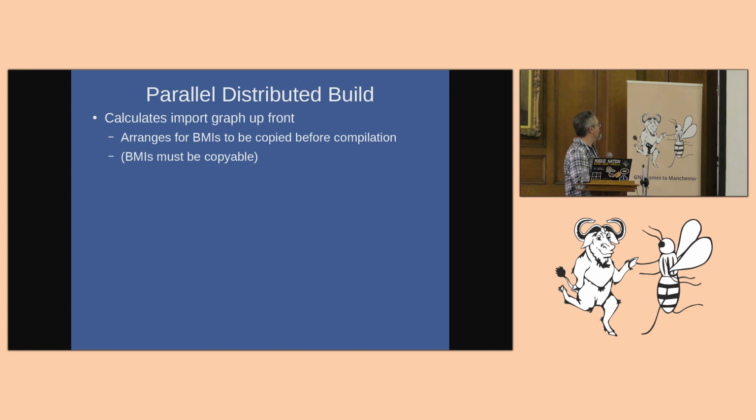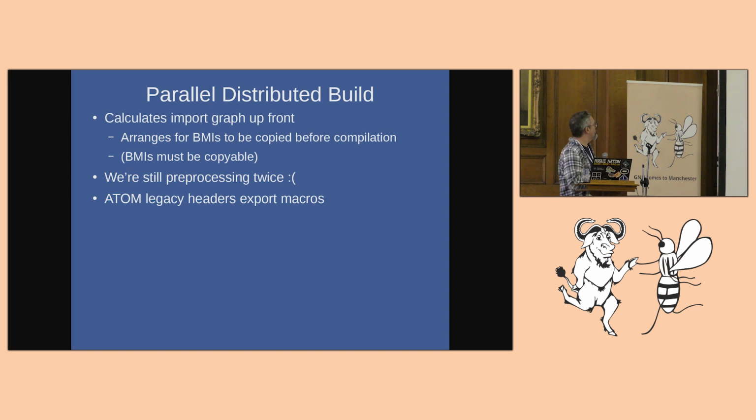Okay, then that discovers that these BMIs must be copyable. We don't want to stick any absolute paths in them relative to where they've been built. And hooray, they are, in my particular case. I've made that so. Clang has made it so as well, for much the same reason that we need to copy these things around within a build. But we're still pre-processing this stuff twice, effectively, so that's a bit unfortunate.